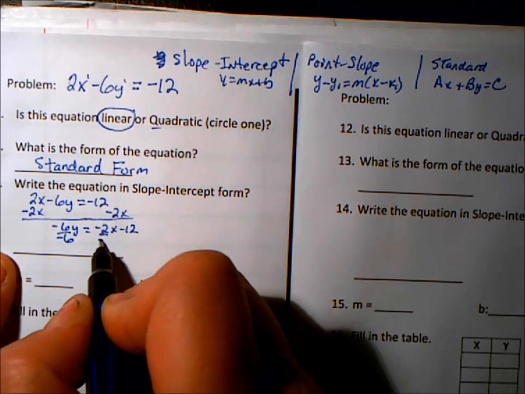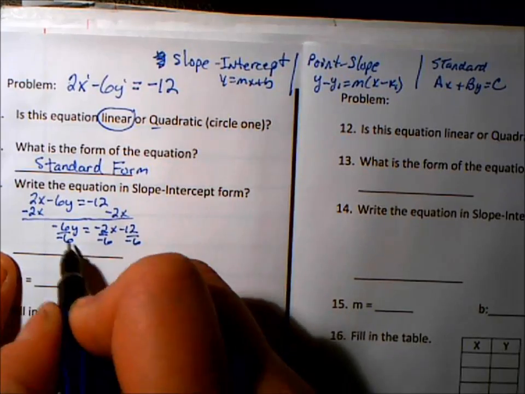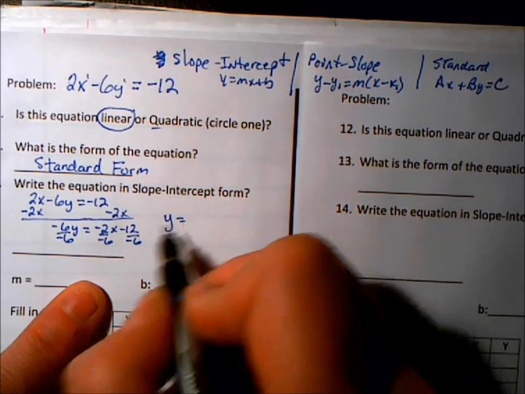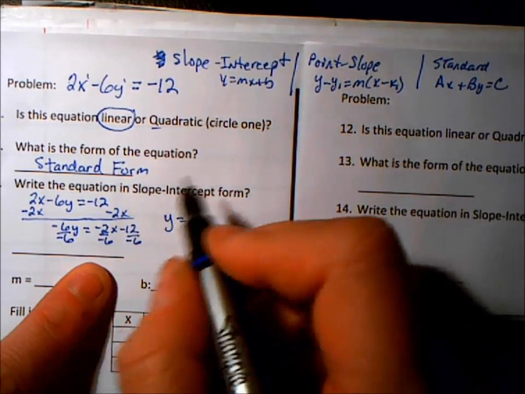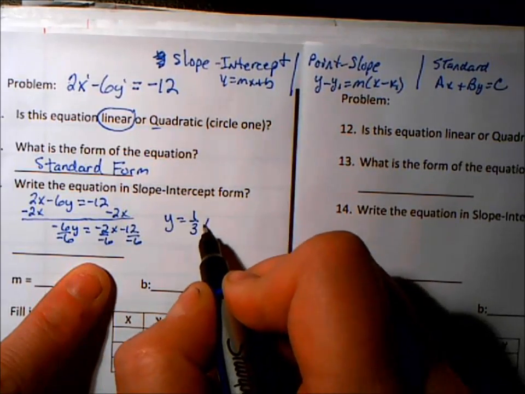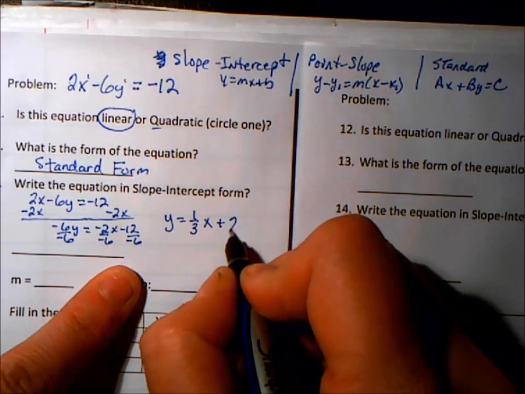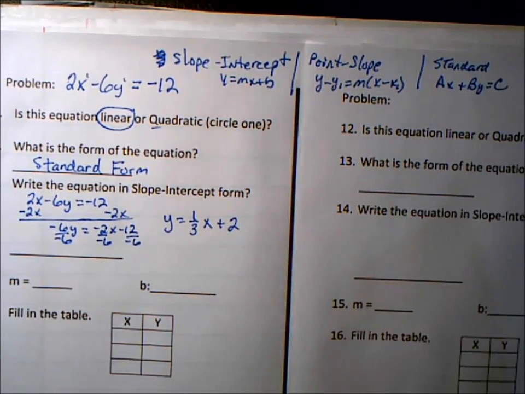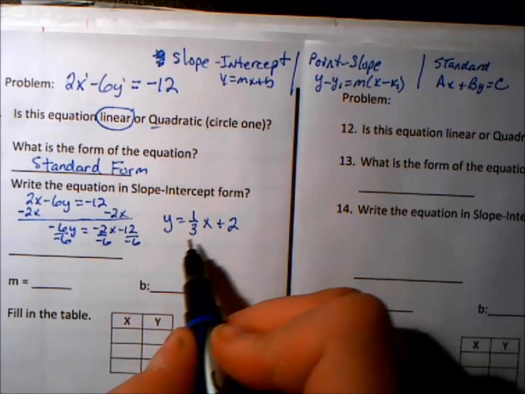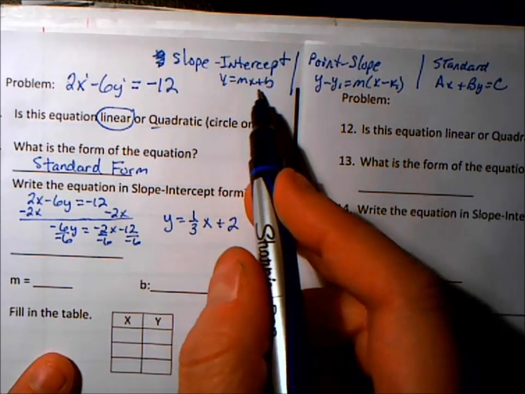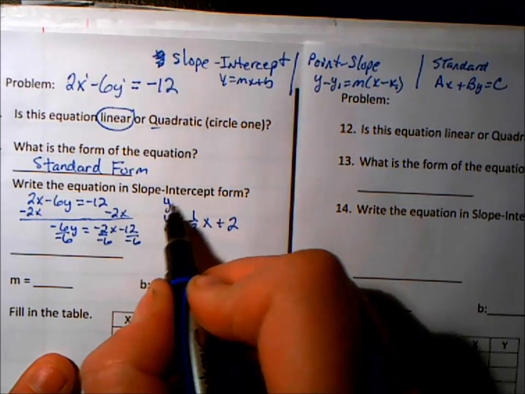I'm going to divide by negative 6, and then this all reduces to y equals negative 2 over negative 6 reduces to 1/3 x, and negative 12 divided by negative 6 is a positive 2. Looking at my equation, this is written in slope-intercept form now, where I have y equals mx plus b.